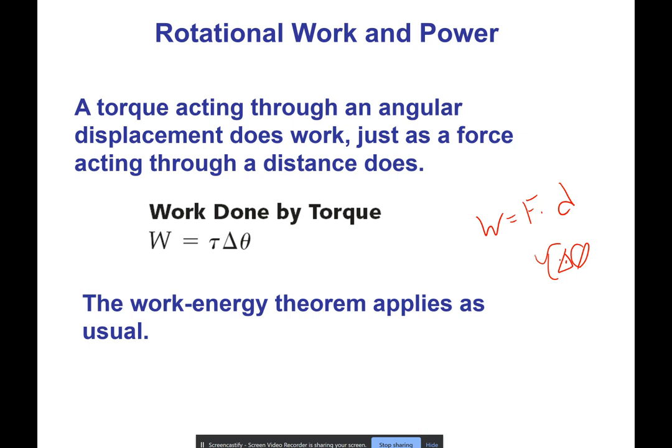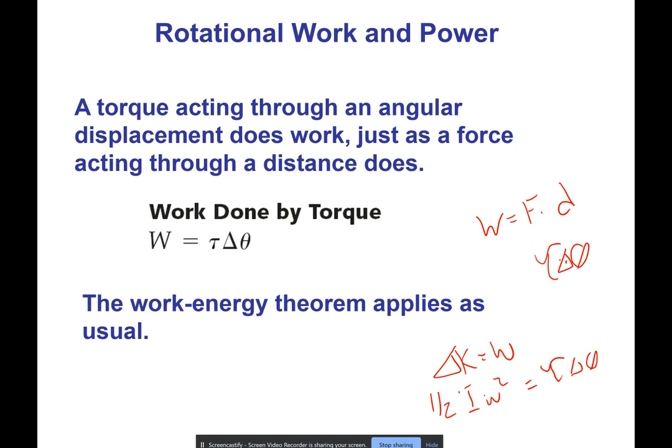So your work-energy theorem still applies here because you have rotating energy. You can still do delta K equals your work. If it's rotating, it's going to end up being 1/2 I omega squared equaling your torque times change in theta.